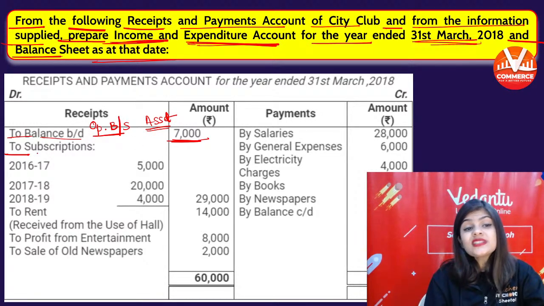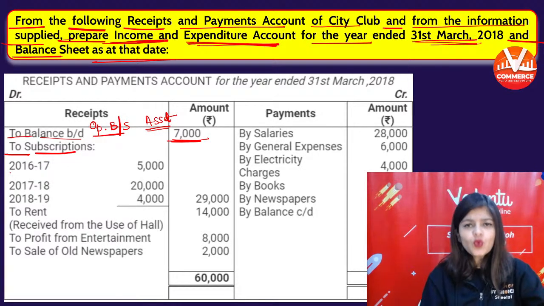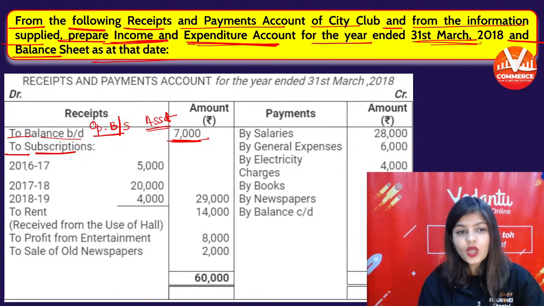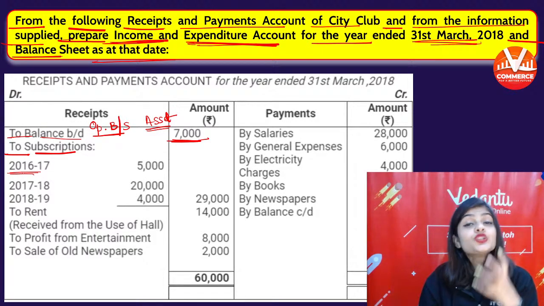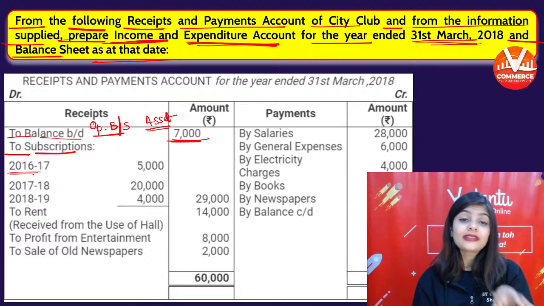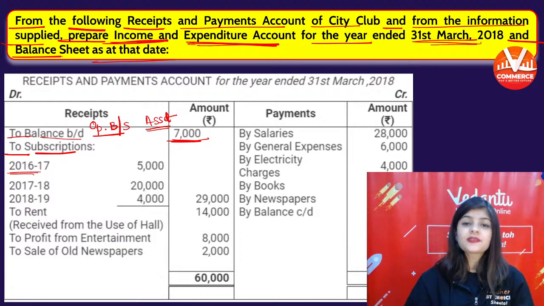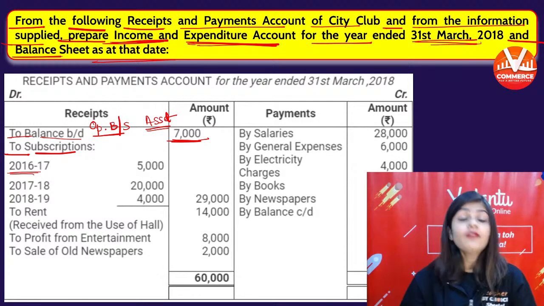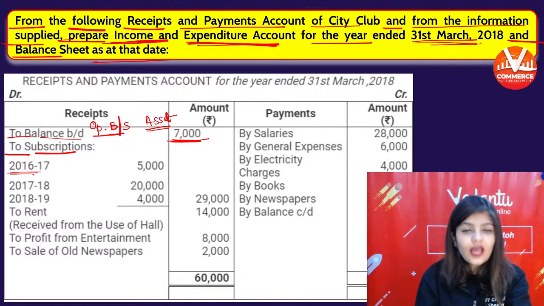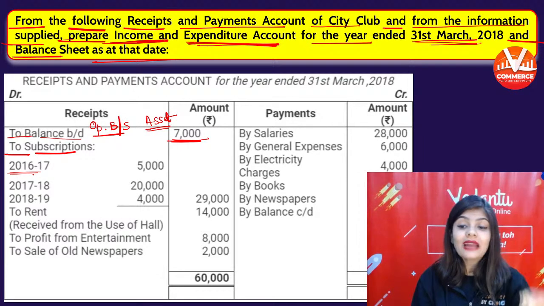Then to subscription. You are receiving subscription of the previous year 2016-17. If any subscription is outstanding for the year ended 31st March 2017, from that you will subtract 5,000.